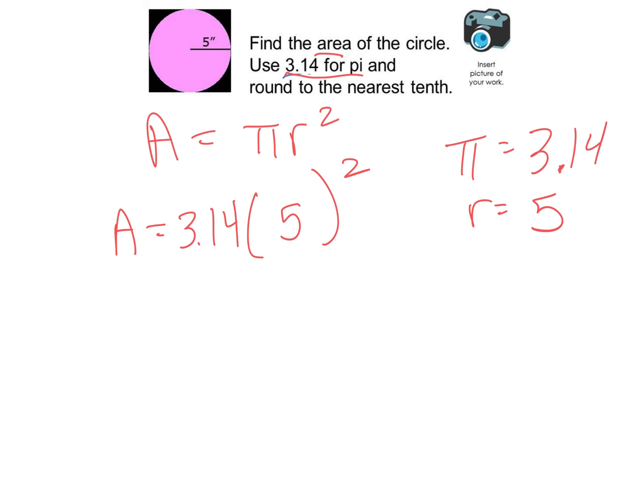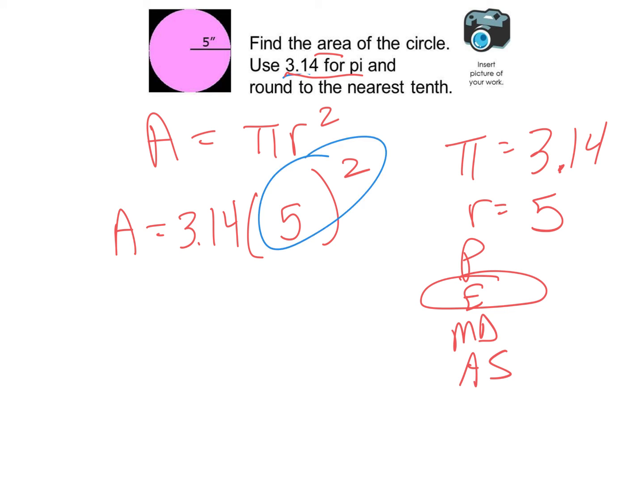Order of operations, please excuse my dear Aunt Sally. We have to do exponents before we multiply. 5 times 5 is 25. Now I need to multiply 3.14 times 25.